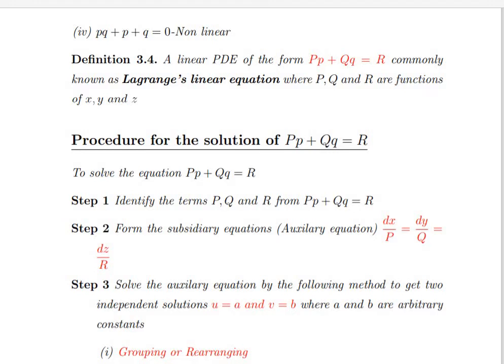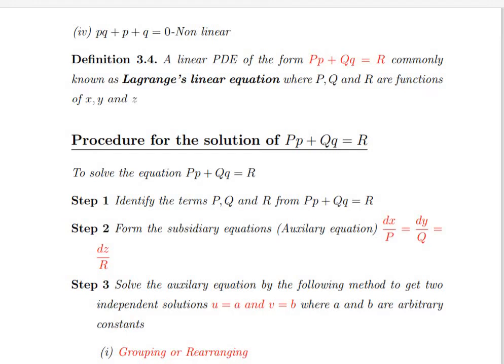Now we can see what is the procedure that is used to find the solution of a linear PDE of the form Pp + Qq = R. To solve such an equation, first we will identify capital P, Q and R from the equation. After that, we will form the subsidiary equations, say auxiliary equation, which is of the form dx/P = dy/Q = dz/R.